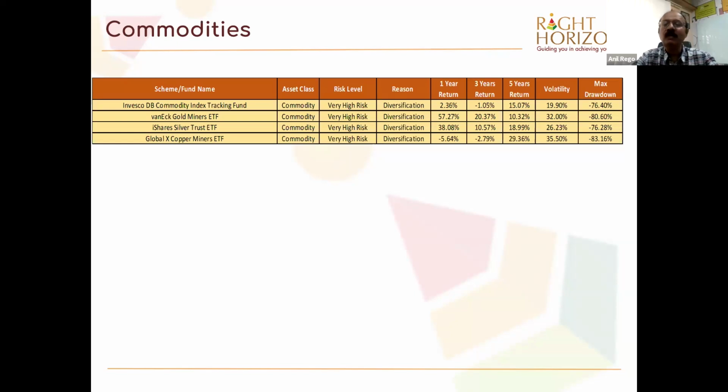But I can say that for something like gold, gold miners invest in gold mining companies, so that has a higher risk than even gold, and a higher return. You can see a 1 year return of 57%, and typically the return will be higher than gold as a commodity.